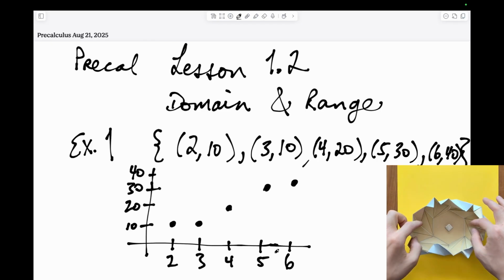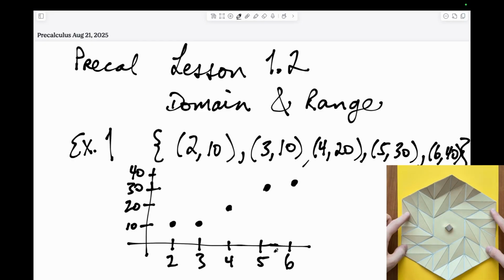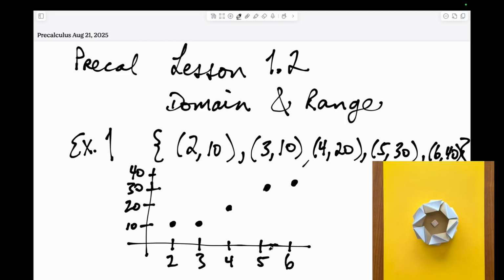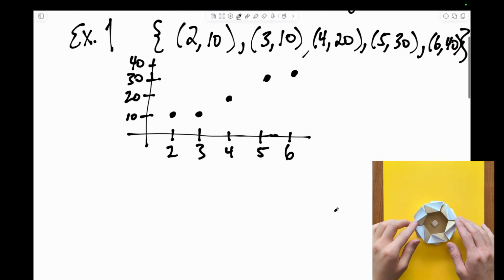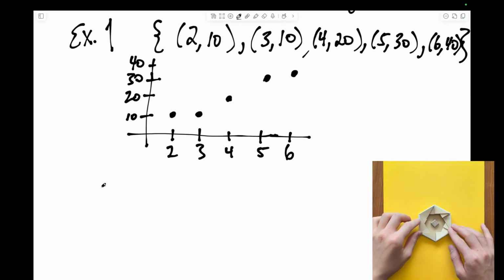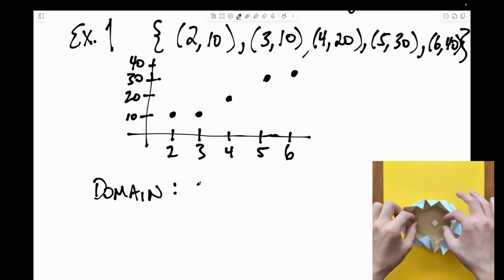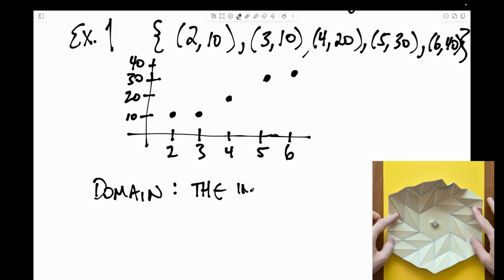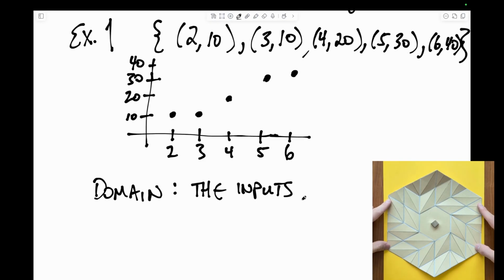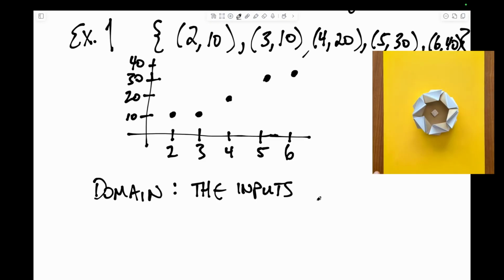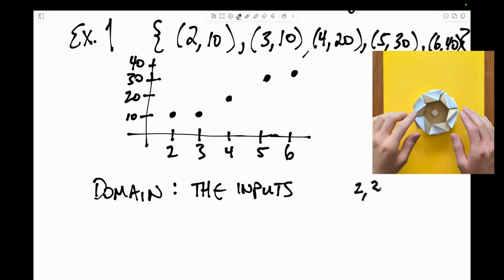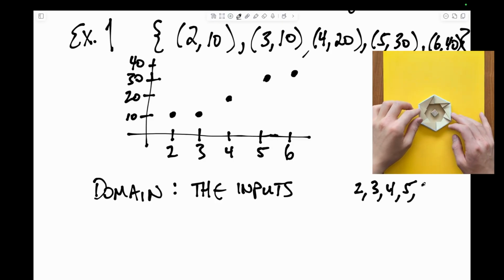So this is what this looks like. Okay, so domain, if we scroll down a little bit, is the inputs. So if this is everything in our function, then our domain is 2, 3, 4, 5, and 6.